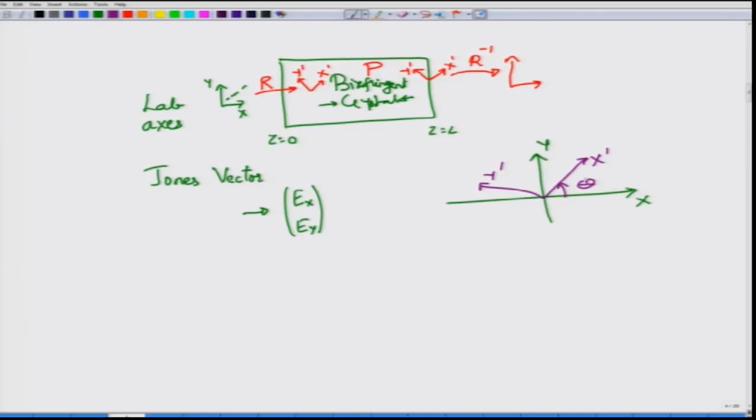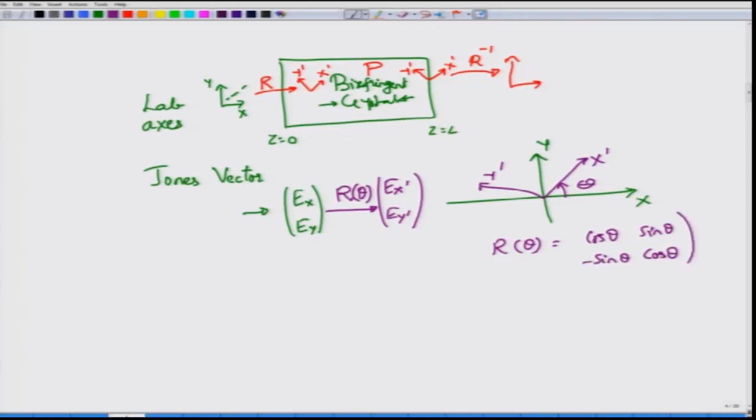And you can transform any vector in the x y coordinate to the vector in the x prime y prime coordinate by multiplying it by the coordinate transformation matrix R of theta, which you can show is a 2 by 2 matrix given by this one.